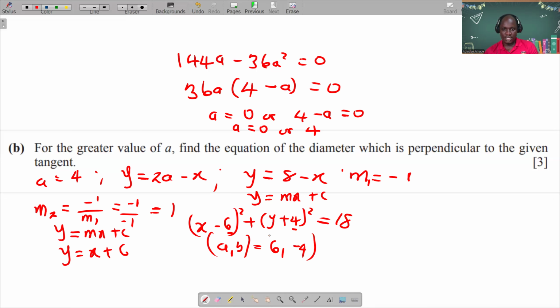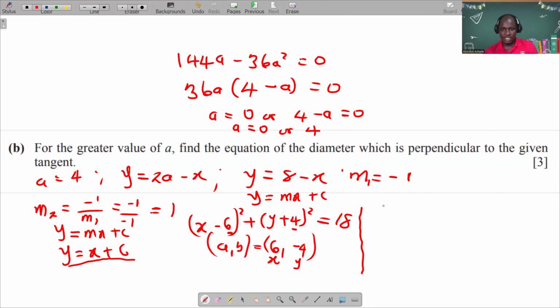This center of the circle is a point on that diameter. So by taking this as x and this as y, I can substitute it into this equation and I will get the value for c, which will make the equation of the diameter complete.